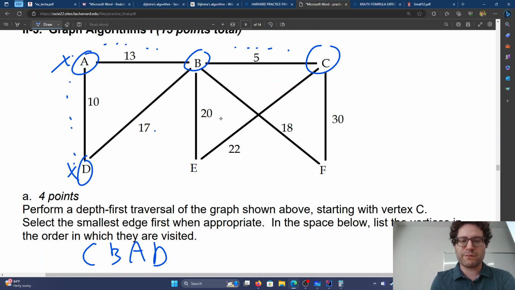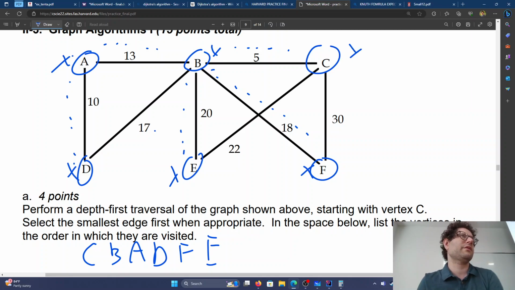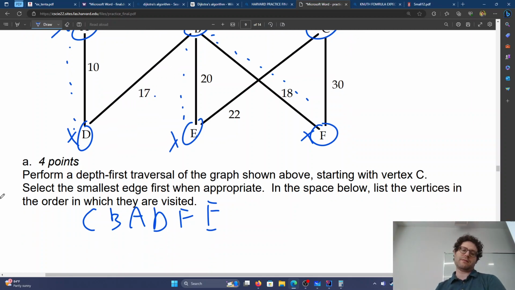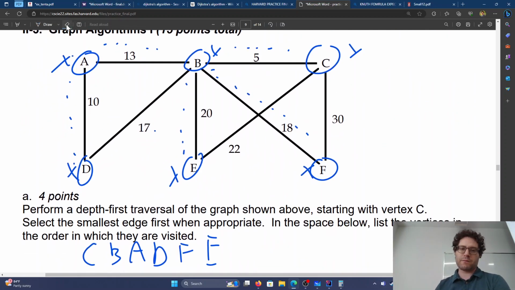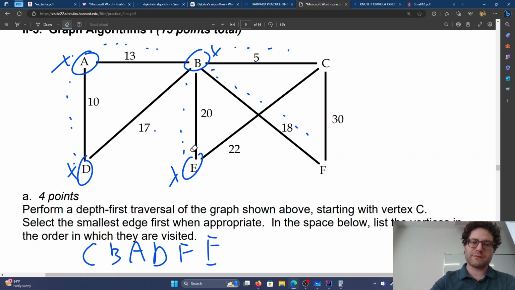But 12 and 18 it can take, so it goes to F. F has nowhere to go, and now B goes to E. Done with E, done with B, done with C. Okay.